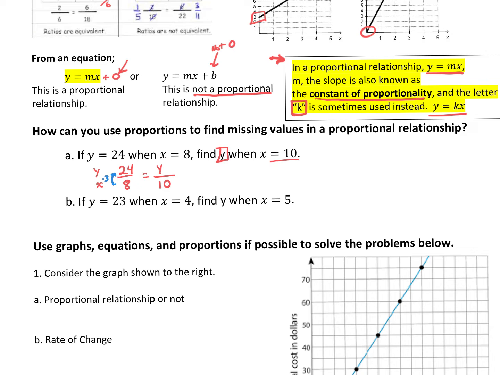If that's true, then on this side, this top number has to be the bottom number times 3. So that's one way we can do it: compare the top to the bottom. If it's a multiple, then the other side has to be the same multiple. So just multiply. You just have to find what you're multiplying by. 8 times 3 is 24, so 10 times 3 is the top number, so y equals 30 on this one.